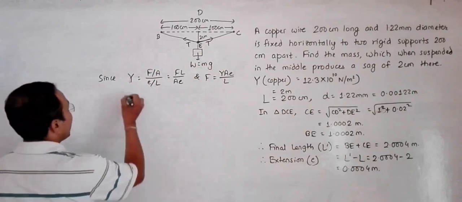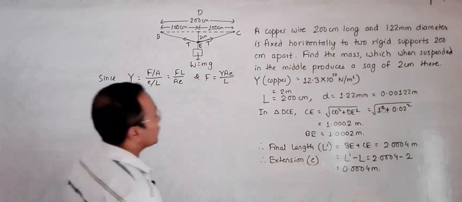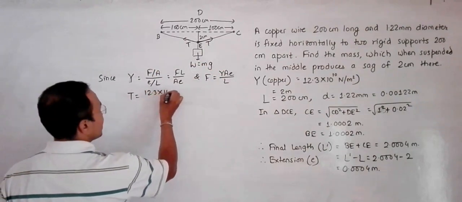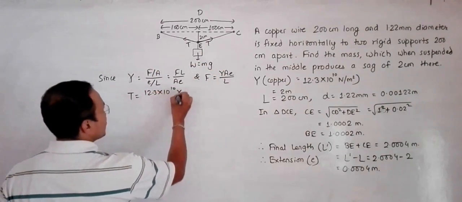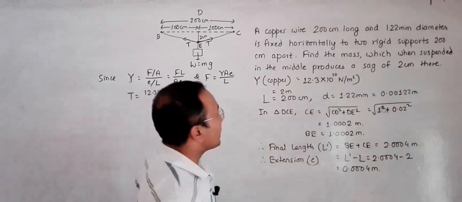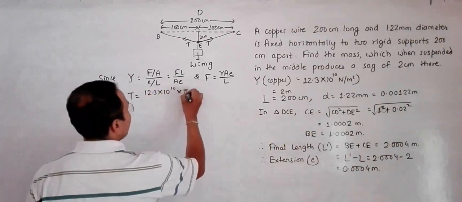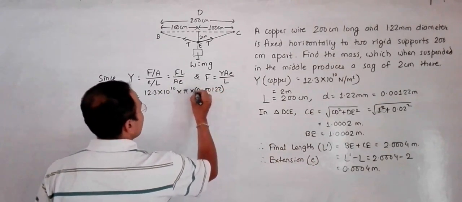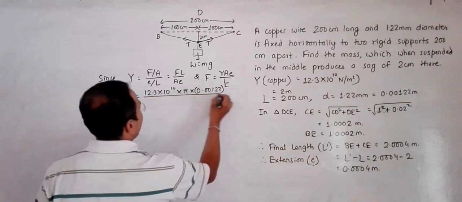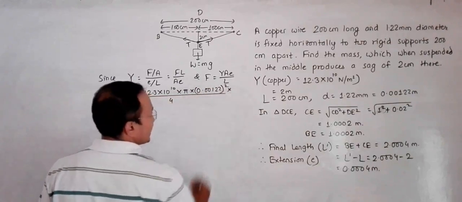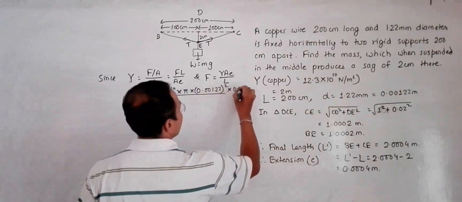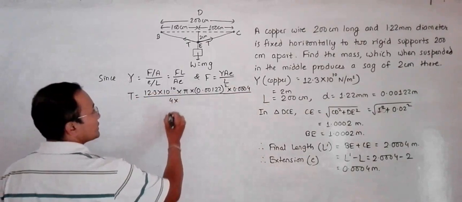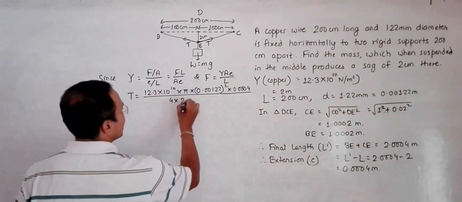So tension T is equal to Y, the Young's modulus, which is 12.3 into 10 to the power 10, into the cross sectional area pi d squared by 4, so pi into 0.00122 squared by 4, into the extension 0.0004, divided by the length, which is simply 2 meters.